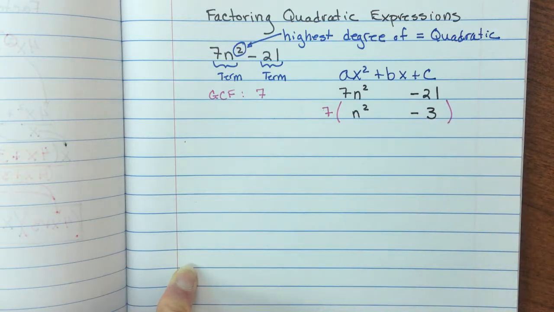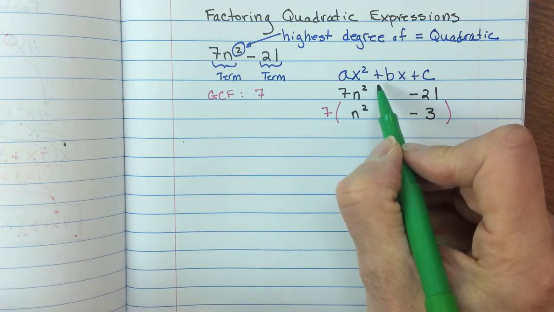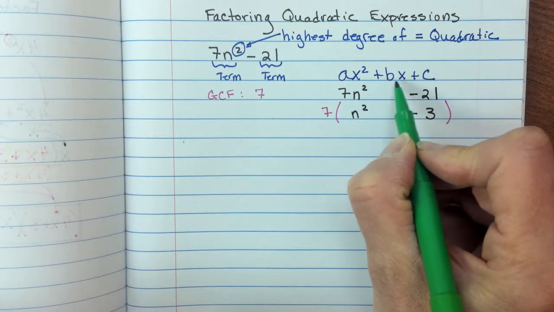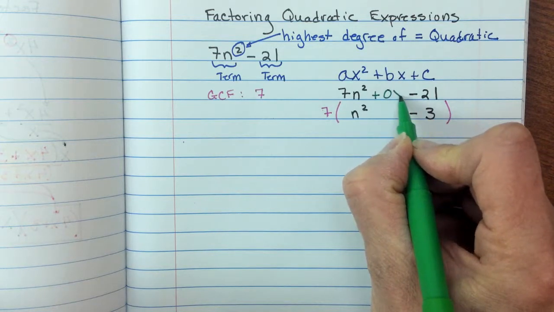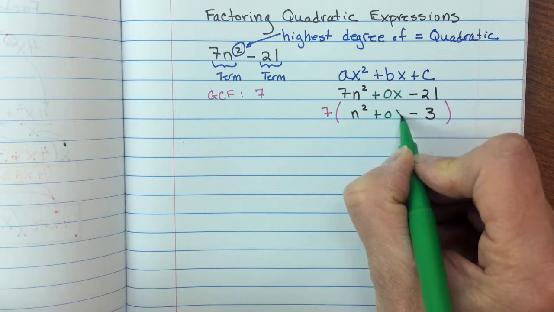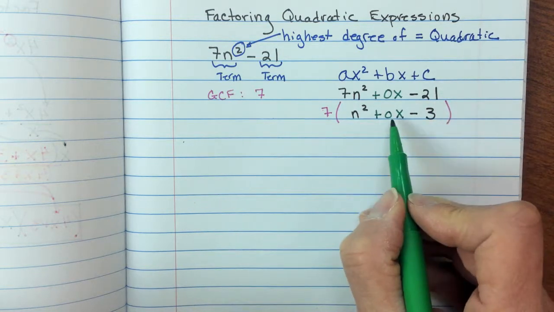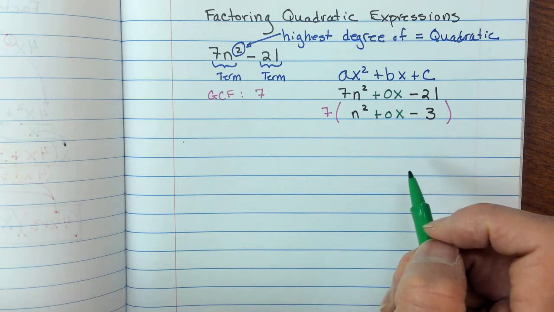In order to do this, the way that I've been showing you is we need to have our center term. Right now we're missing a center term, which means we have no n term. So that's plus 0n, because we're missing a center term. 0 times n is 0, which makes that middle term go away.